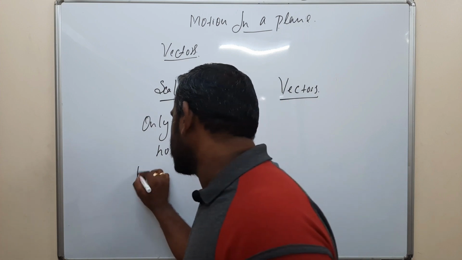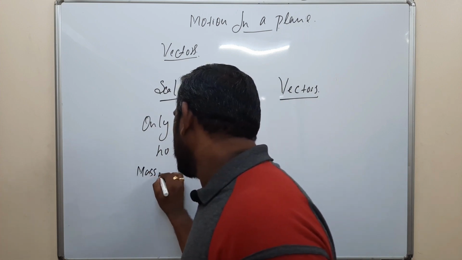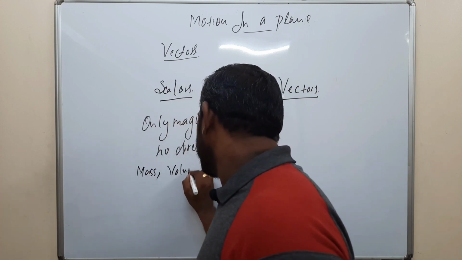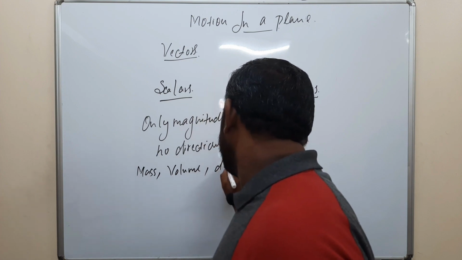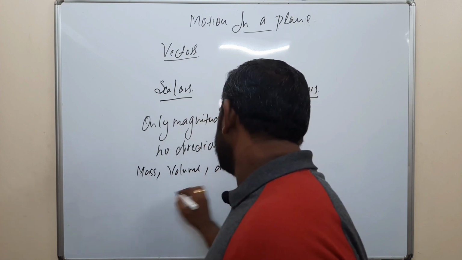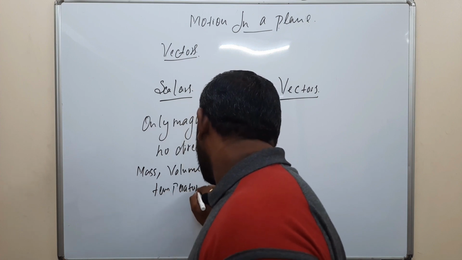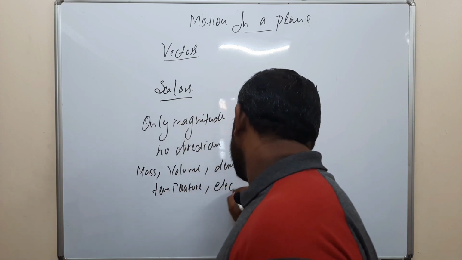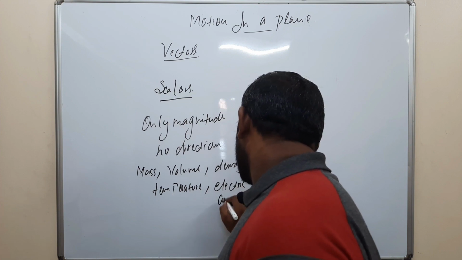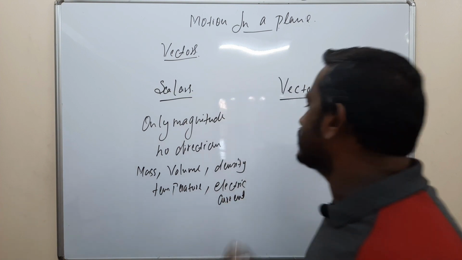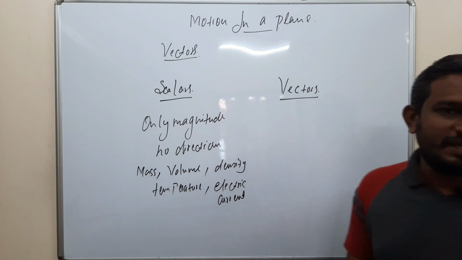Examples are mass, volume, density, temperature, electric current. These are the examples of scalar quantities.